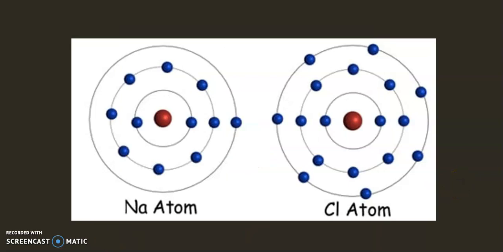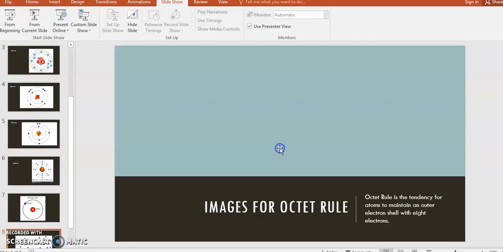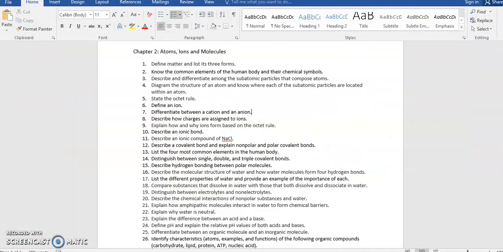All right, I'm going to go to our objectives because I didn't do that at the beginning. That was for our 5th learning objective, state the octet rule. I kind of stated it, but then explained it a little bit more, because just stating it doesn't really help students understand what that rule means.